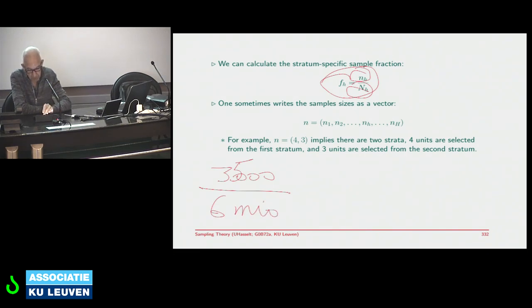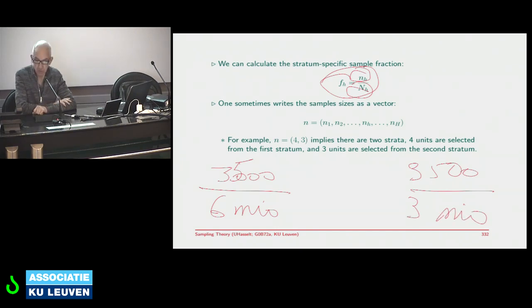But in Wallonia, it will be 3,500 equal out of 3 million. So that means the numerators are equal, the denominators are different, so the ratio is different, the sample fractions will be different.